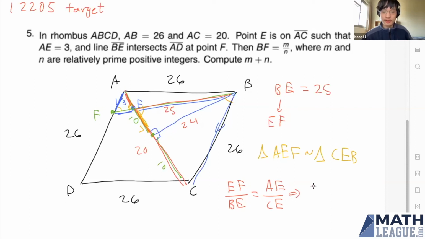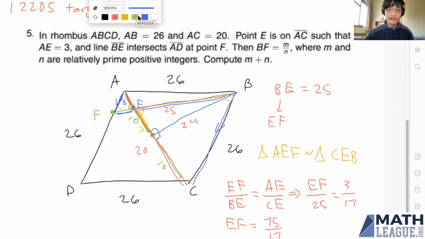And just substituting the lengths in, we get EF over 25 is equal to 3 over 17. So EF is equal to 75 over 17.